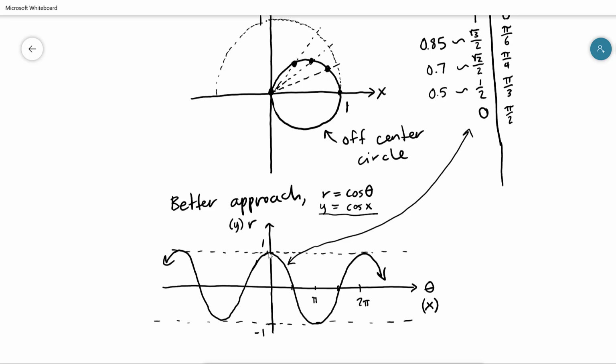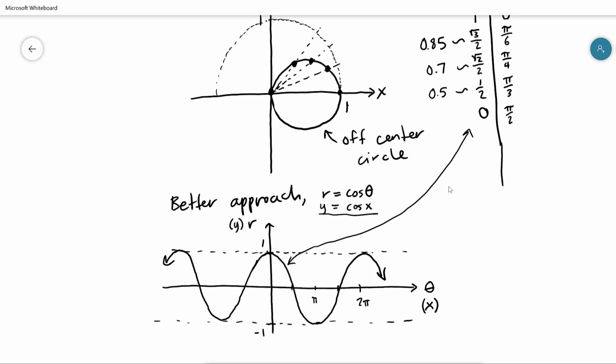And what is happening to r over this region? It's decreasing, and it's decreasing all the way down to 0. Here's where r is equal to 0. By the time I get to theta pointing straight up over here, that's the equivalent of this point right here, pi over 2. And then it continues as I start to go into these thetas that are in the second quadrant. That is this part of the graph.